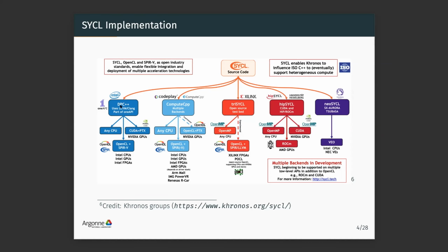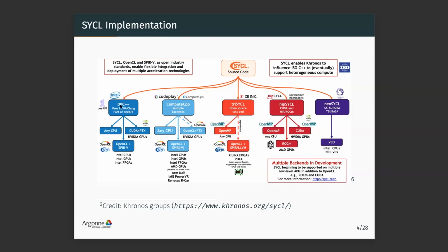With this compiler, you can target any CPU. They will use TBB under the hood. They have an OpenCL backend and a Level Zero backend to target their CPUs, their GPUs, and their FPGAs. You also have a CUDA backend developed in collaboration with CodePlay, where you can target NVIDIA. And this is what we will use later in the presentation.